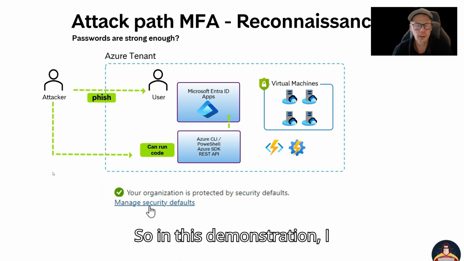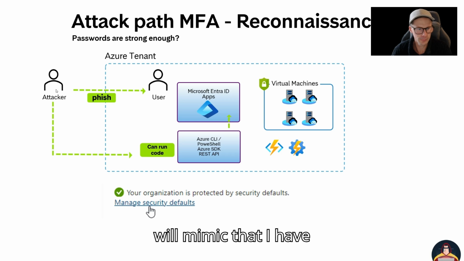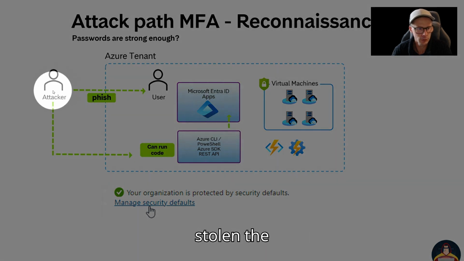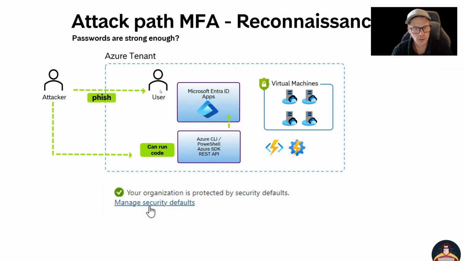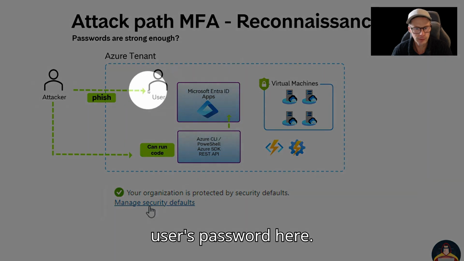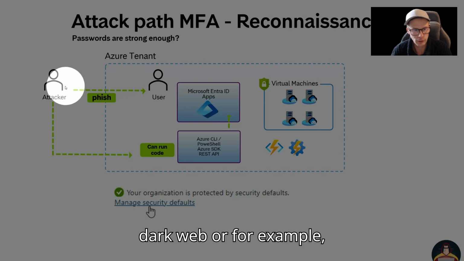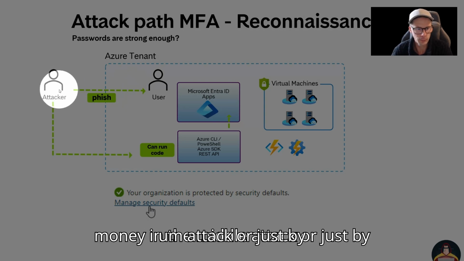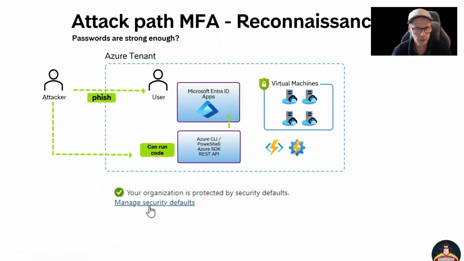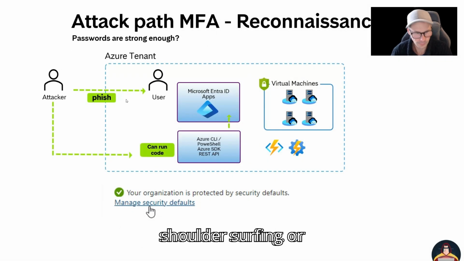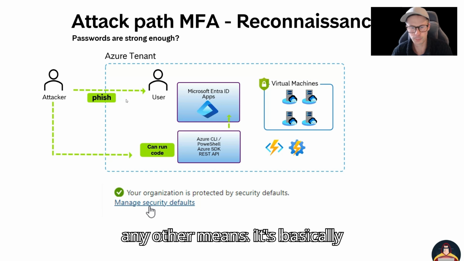So in this demonstration, I will mimic that I have stolen the user's password. So I have got that via the dark web, or for example, a man in the middle attack, or just by shoulder surfing, or another means.